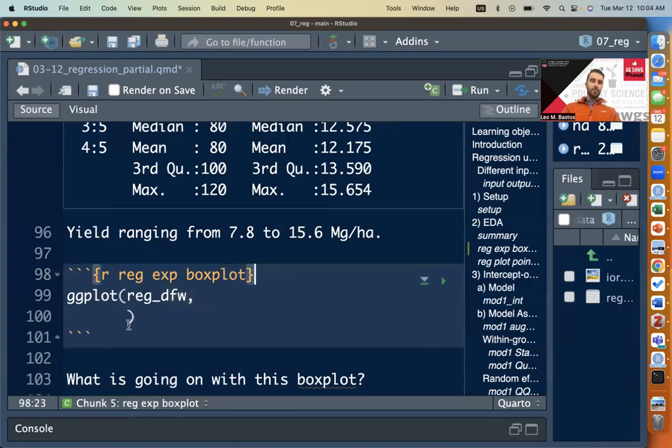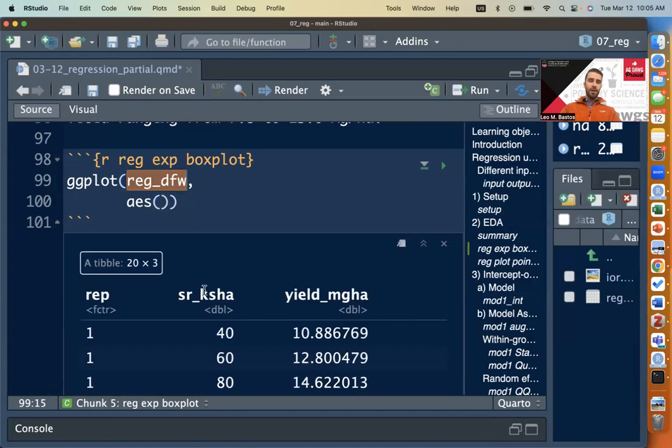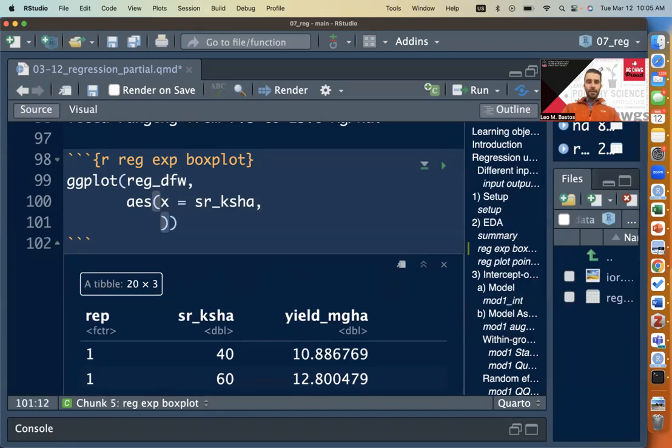We give it a comma. We call aes. I want to have my seeding rates on the x-axis, so x equals SR, 1,000 seeds per hectare. On the y, I want to have yield, megagrams per hectare.